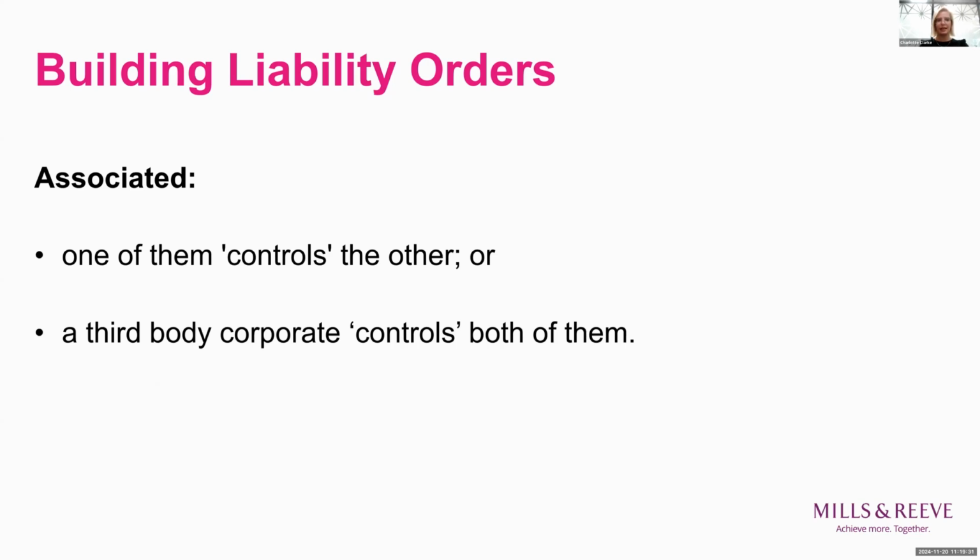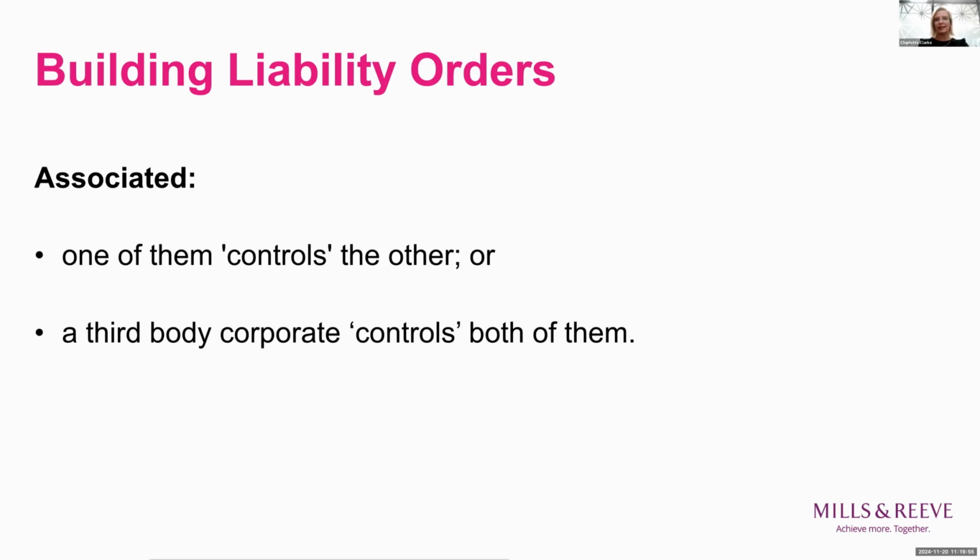So the test of control is quite complex. I won't go into it in detail. It includes things like majority share ownership, majority voting rights, or as a catch-all, where one company has the power to secure that another company is run in accordance with its wishes. So really quite a general statement there.